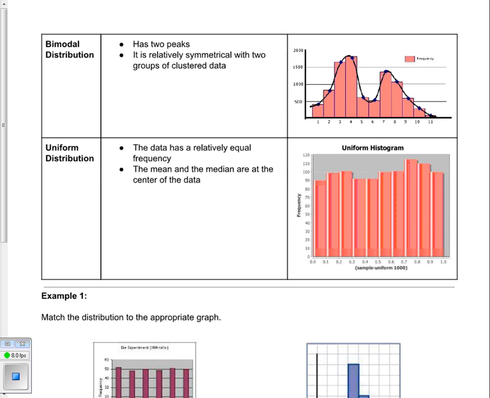It would be like, for example, if out of a class of 20, 19 of those kids happen to be getting 74%. It just happens to be that way. So that's a pretty uniform distribution.